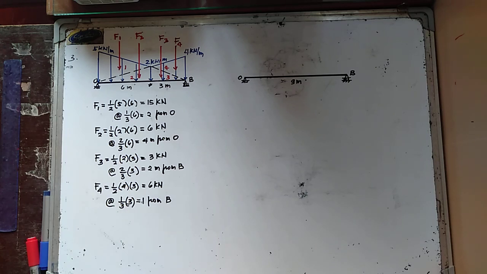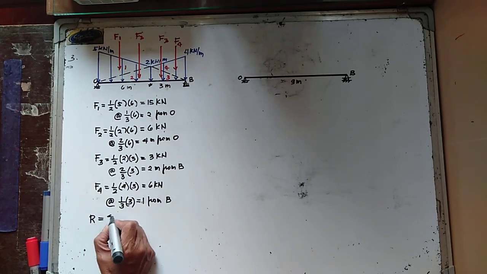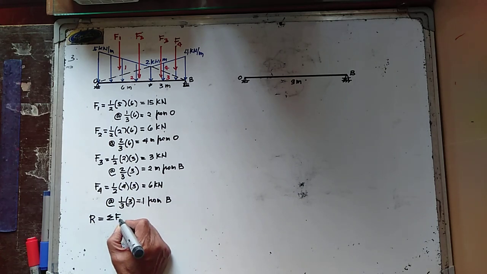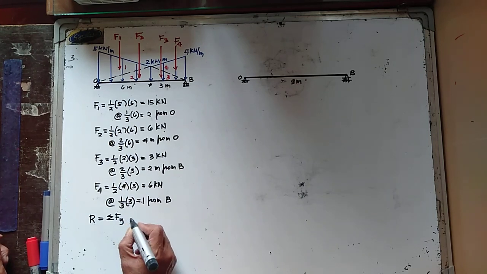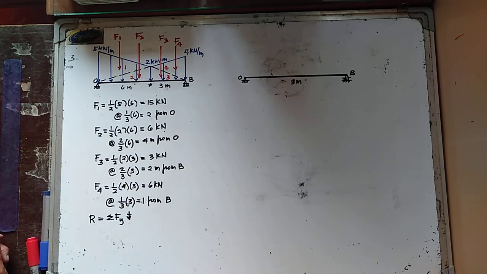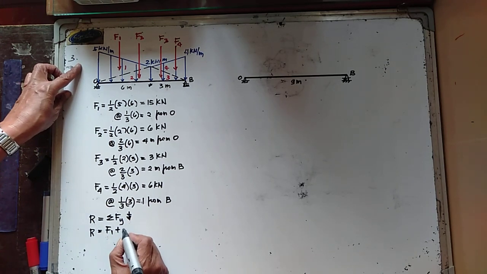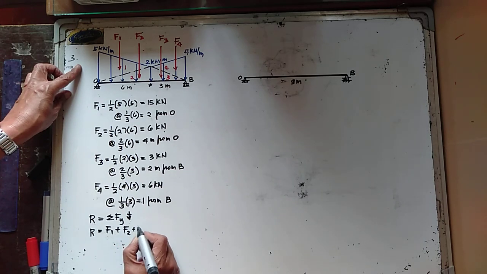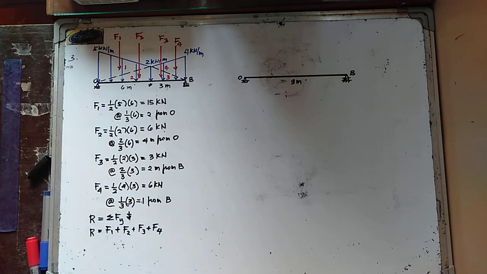Let us now determine the magnitude of the resultant force. So your R is now equal to summation of forces in the vertical direction, and that considering the downward forces is positive. So your R is now equal to F1 plus F2 plus F3 plus F4.